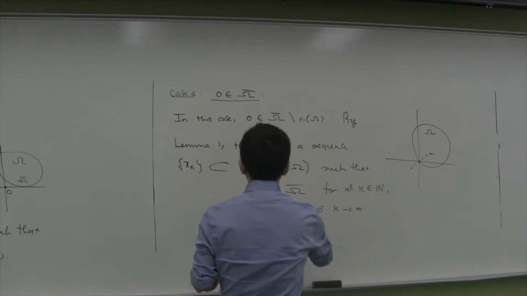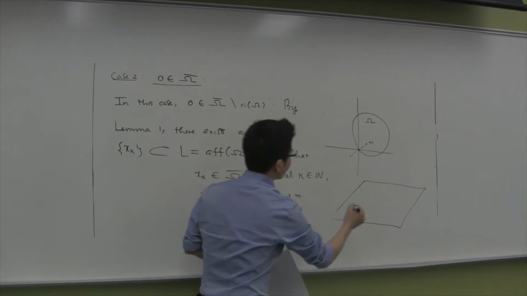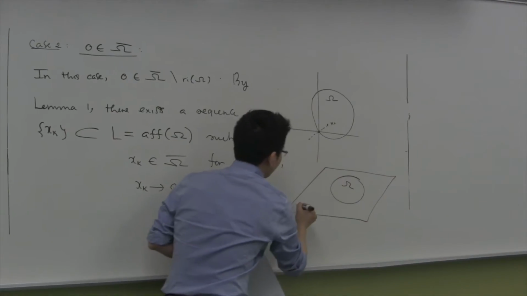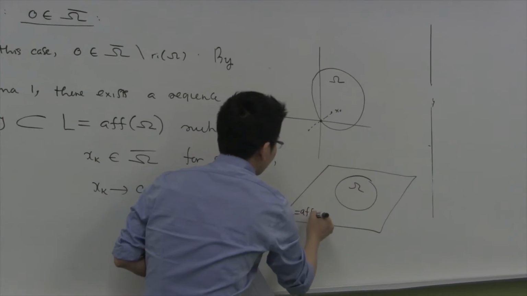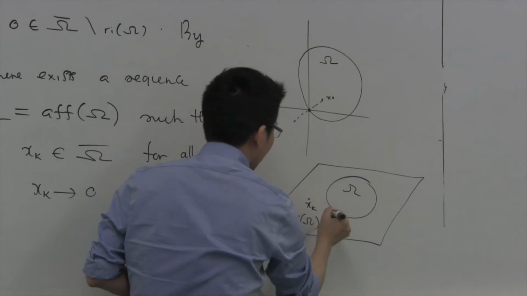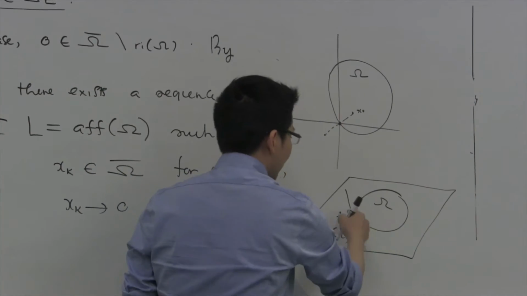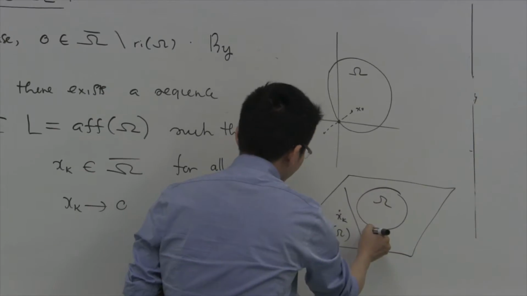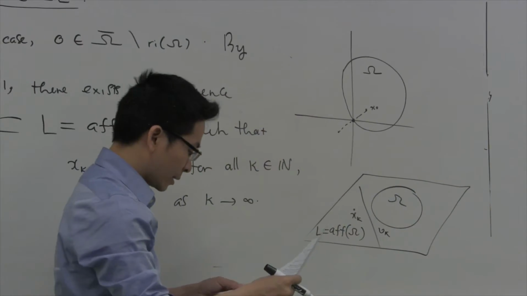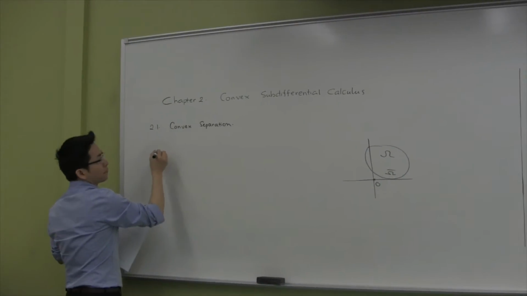Okay, so now we look at the situation where the sequence xk here, this is omega, and this is L, which is the affine set generated by omega, and xk doesn't belong to omega, so then we can strictly separate xk and the set omega by vk that is also in this subspace. Okay, so let me go ahead and write the result.